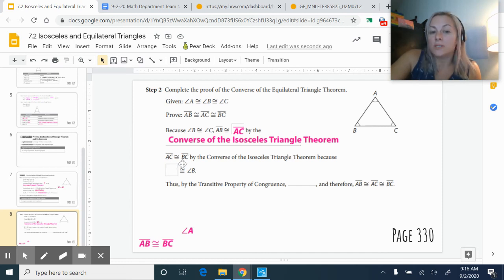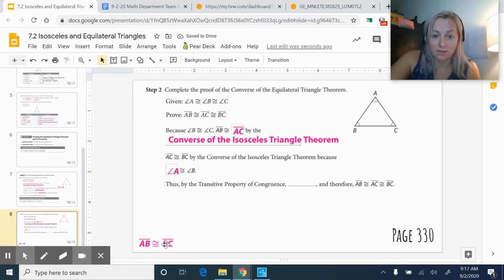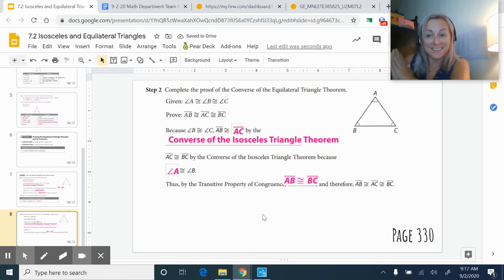Side AC is congruent to side BC by the converse of the isosceles triangle theorem because the measure of A is congruent to the measure of B. Thus, by the transitive property of congruence, side length AB is congruent to side length BC.